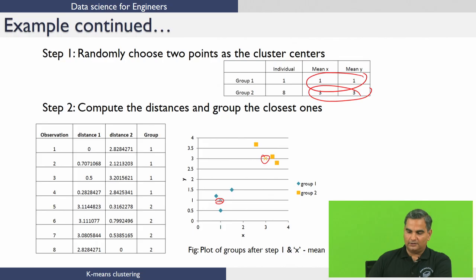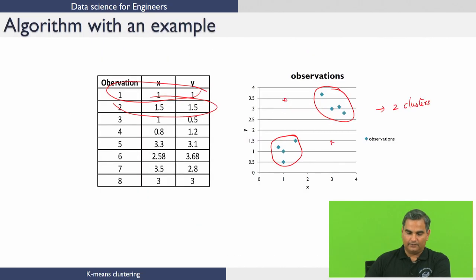The way we have chosen this, if we go back to the previous slide and look at this, the 2 cluster centers have been picked from the data itself. So, the one group center was observation 1, the other group center was observation 8. Now, you could do this, or like I mentioned before, you could pick a point which is not there in the data also, and we will see the impact of choosing these cluster centers later in this lecture.